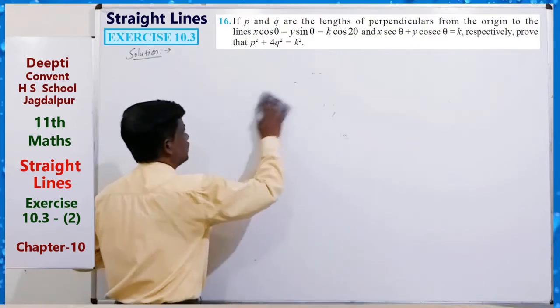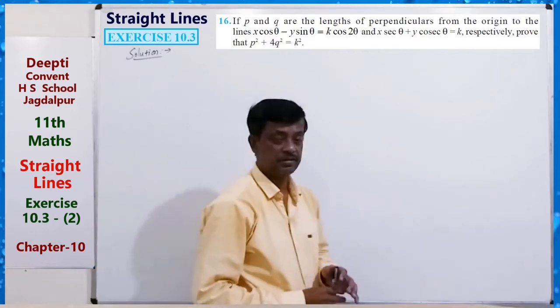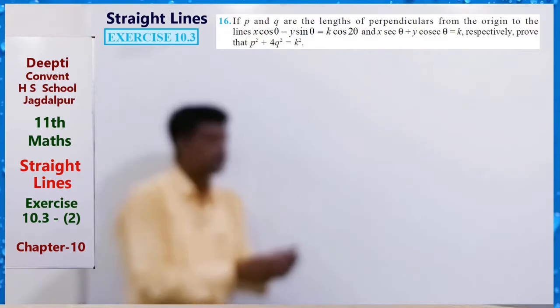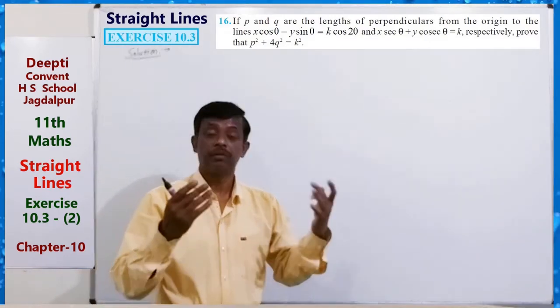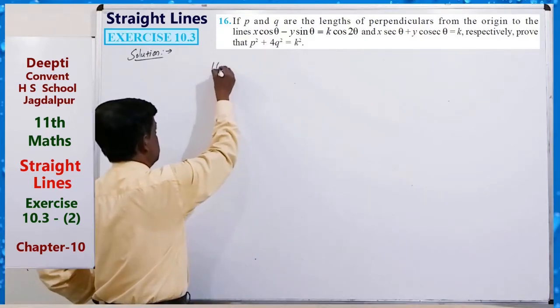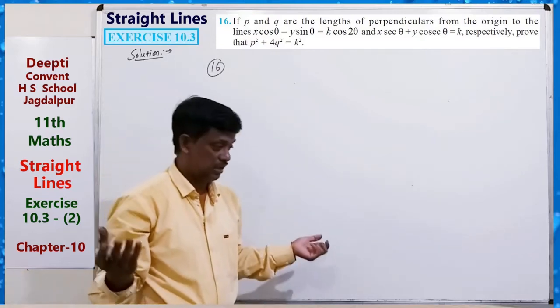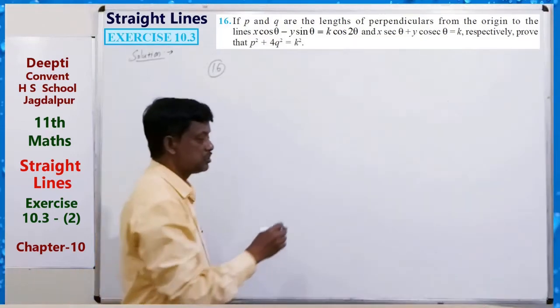Remember the hint. Here p and q are the lengths of the perpendicular from the origin to the lines. What is given? There are 2 lines.